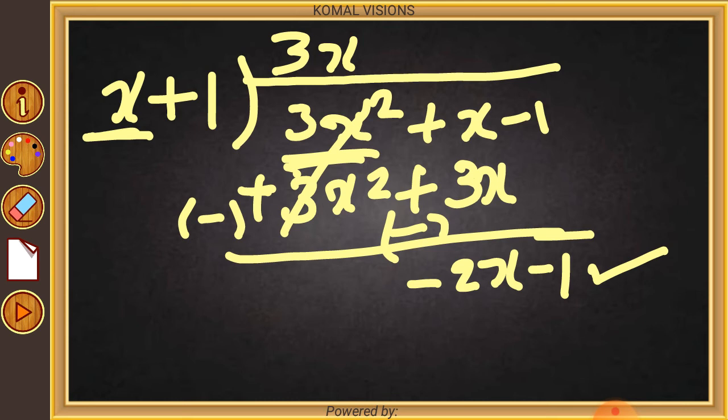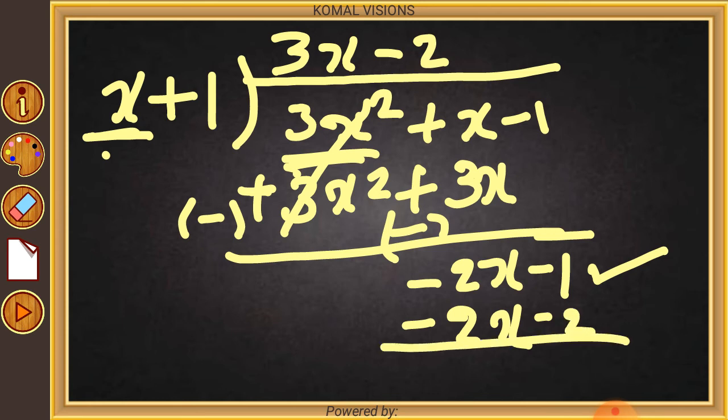That's it, simple. So for minus 2x, I want a negative sign, and also I want 2. X is already here, so multiplying by minus 2 is sufficient. So minus 2 into x is minus 2x, and plus 1 into minus 2 is minus 2.